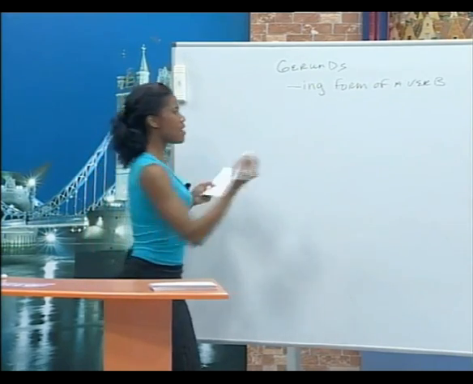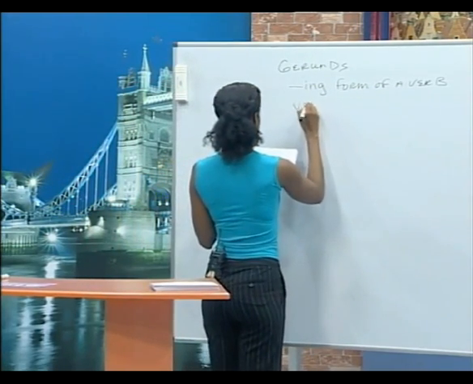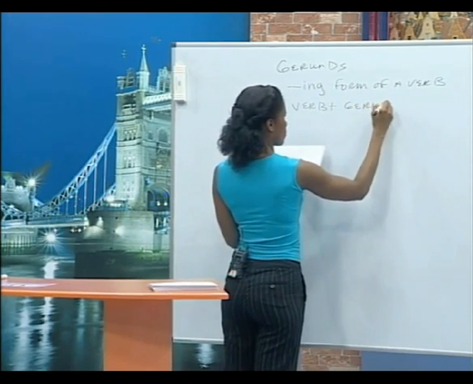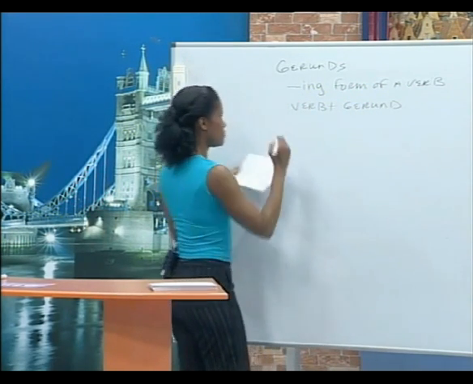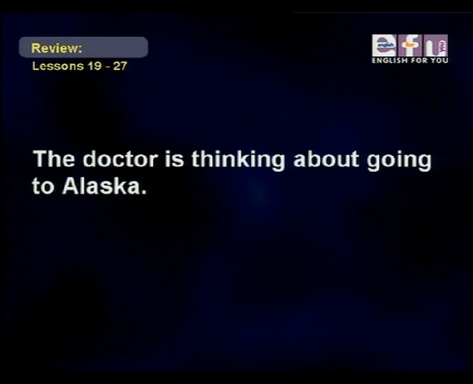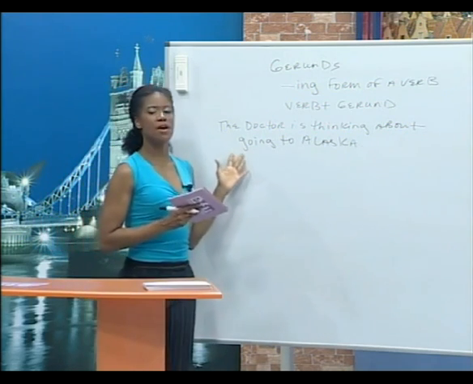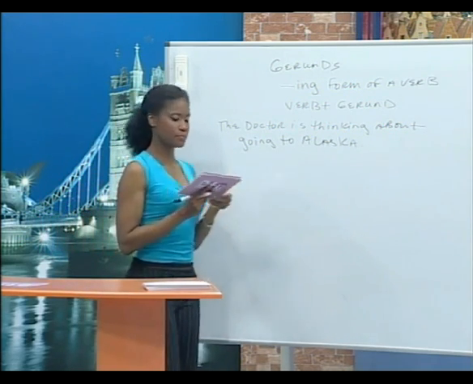Okay, so you can have a verb plus a gerund. For example, the doctor is thinking about going to Alaska.